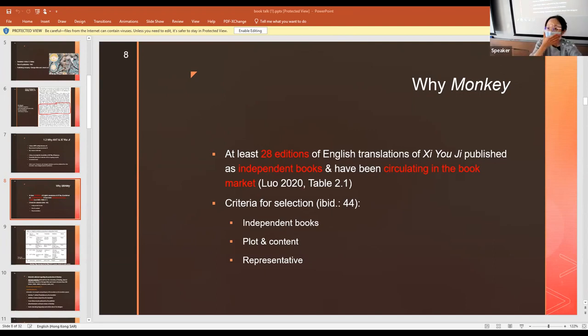After another period of web searching, library visiting, archive visiting, and exchanging emails with one of the translators, I finally spotted a mine of materials that fit perfectly for my research. That was the archival materials regarding the production of Monkey. The materials were part of the historical collections preserved at the University of Reading, special collections.